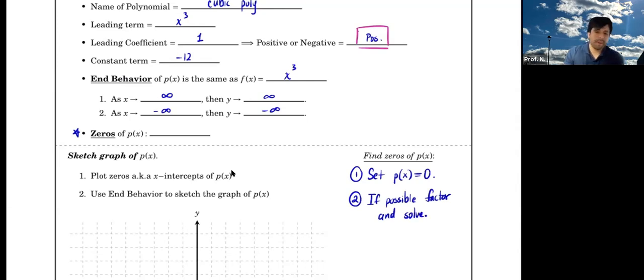If it's not possible to factor, then you need to use a graphing calculator or graphing device or something of that sort.